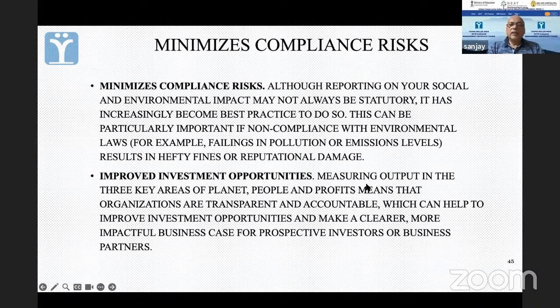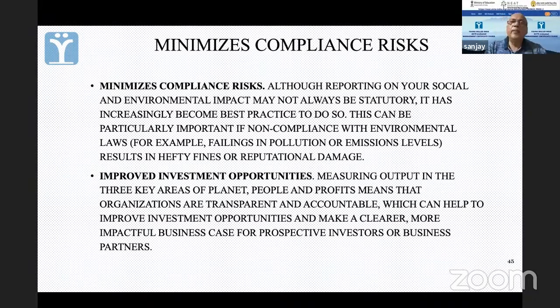Now, the other aspect is improved investment opportunities. How does this happen? Measuring output in the three key areas of planet, people, profits means that organizations are transparent and accountable, which can help to improve investment opportunities and make a cleaner, more impactful business case for prospective investors or business partners. That means if your image is good, the chances are you will attract more investment.